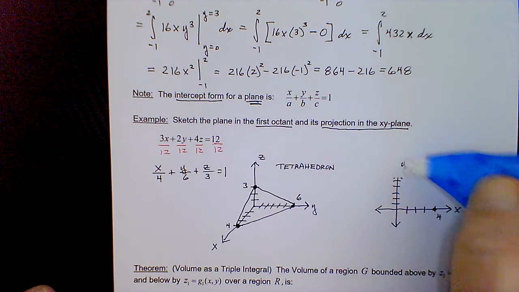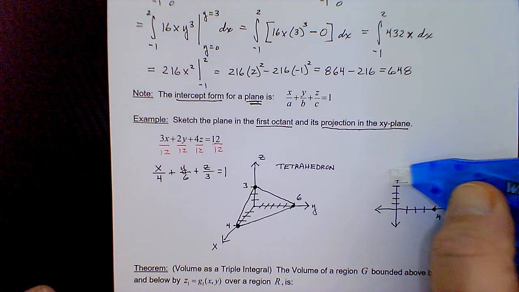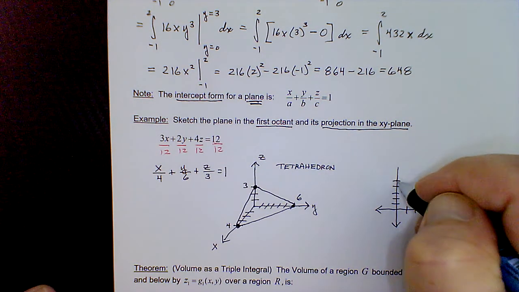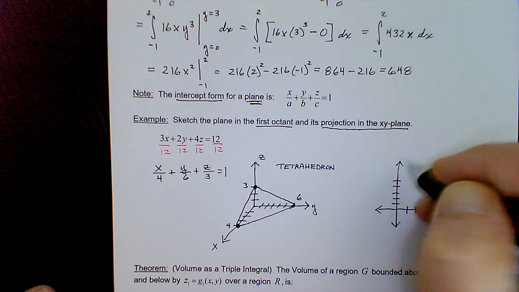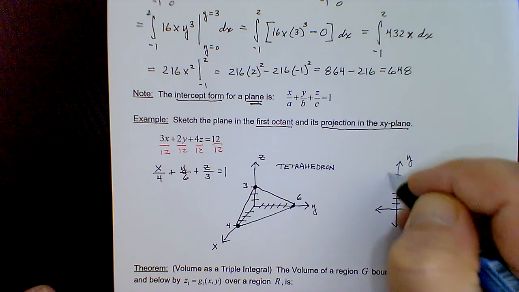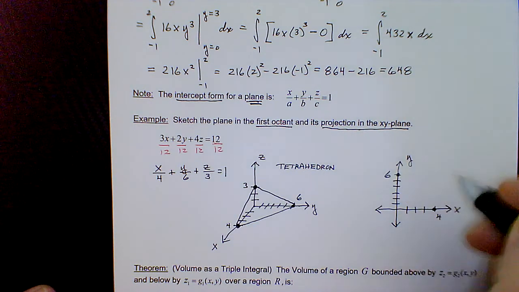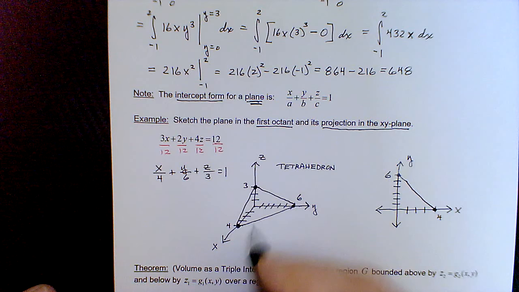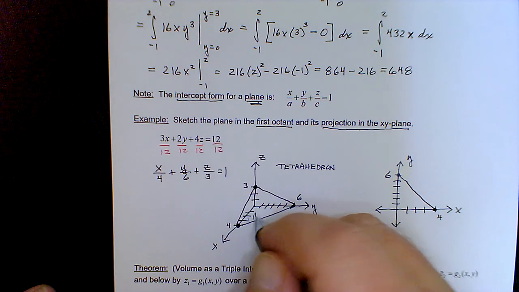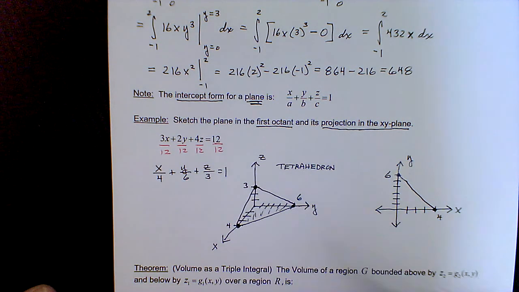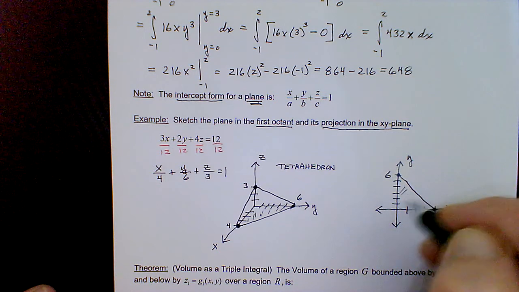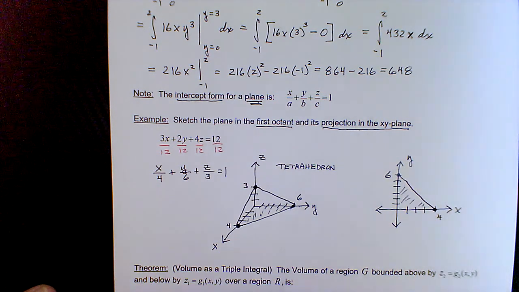I'll give myself a little bit more room, because it's looking pretty, so I don't want to mess it up. So that would be 6. So this would be the projection here in the xy plane. And so that, if you will, is a little shaded area there.